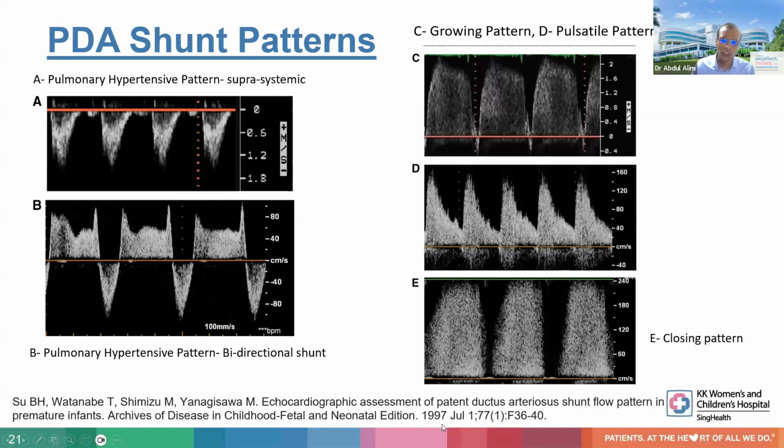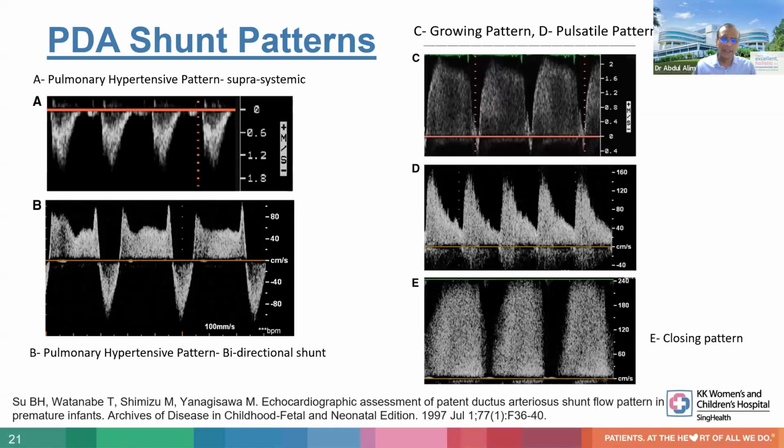This is slightly old literature, but quite interesting. It is actually a visual assessment. It was described as early as 1997, but it's still very good and widely followed. Personally, I like these shunt patterns because they give a very good hemodynamic assessment of the PDA by just doing a pulse wave Doppler at the ductal level.